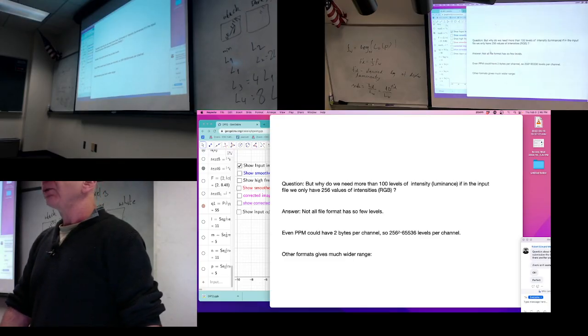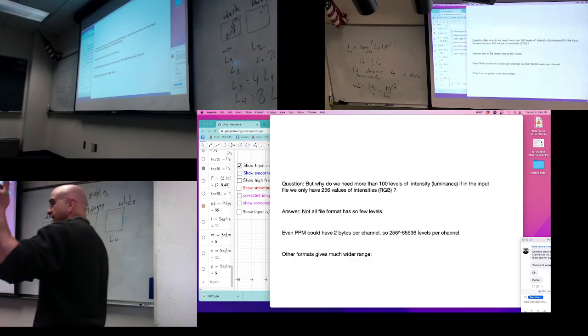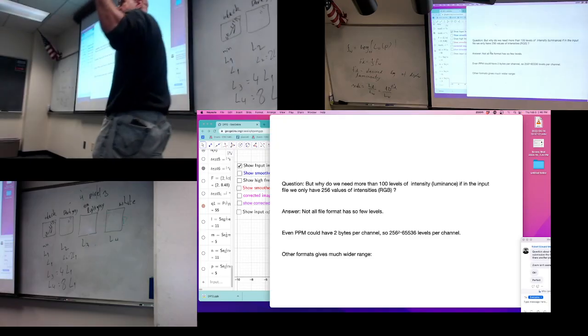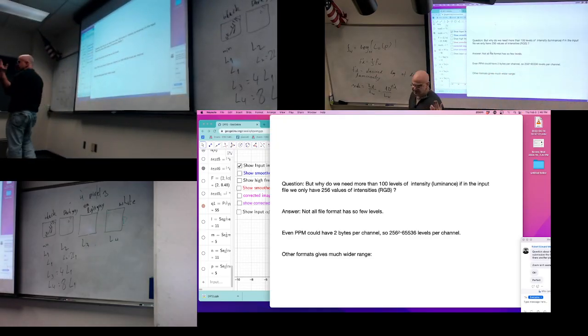Quick technicality. How do I know about inputs? Well, doesn't every channel get only 2 to the 8 values in our input file? Well, if you're using ppm, one of the header parameters tells you every channel is represented using 1 byte, 8 bits, or 2 bytes, 16 bits.